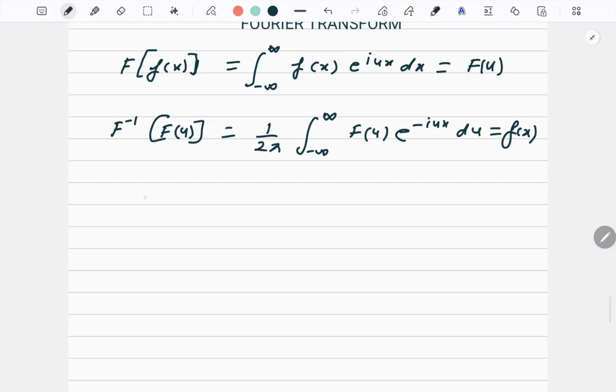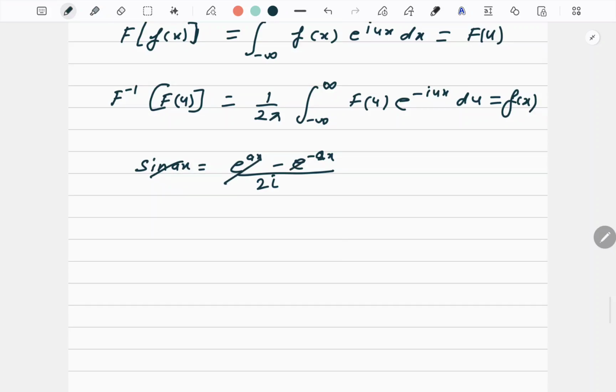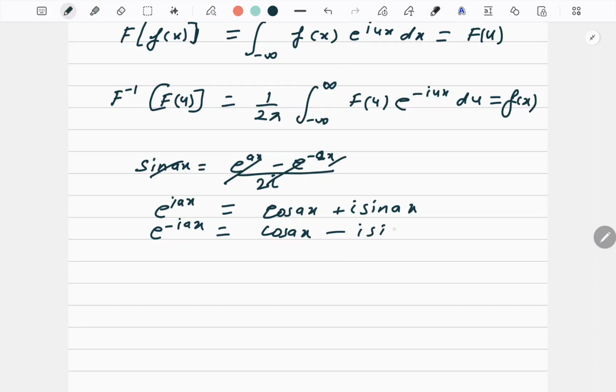You have to understand it like this. What is e to the power i ax? It is equal to cos ax plus i sin ax, right? And e to the power minus iax is cos ax minus i sin ax. These formulas you have studied in 11th grade in complex numbers, right?